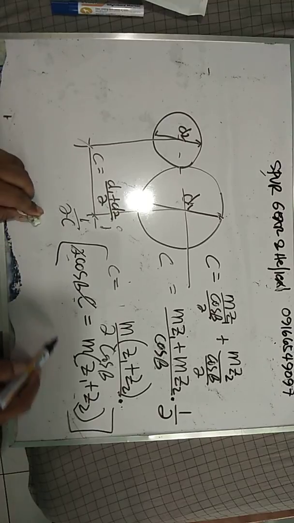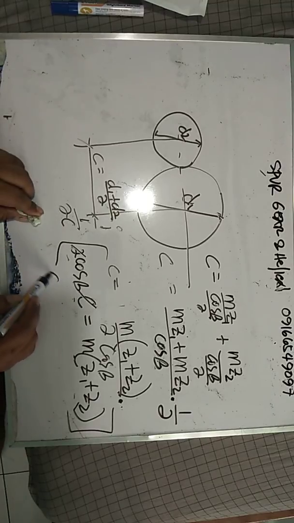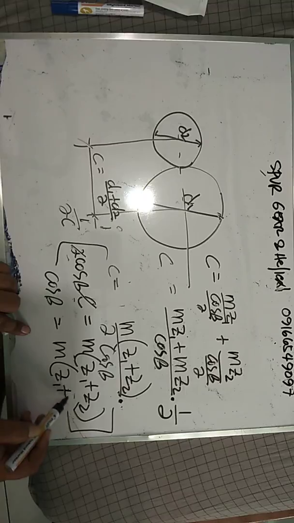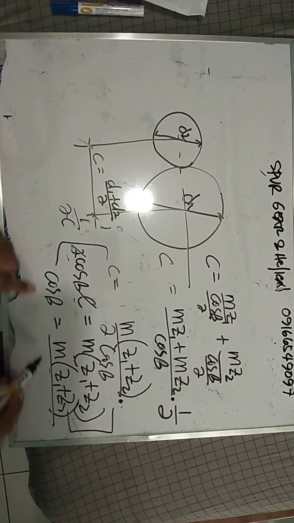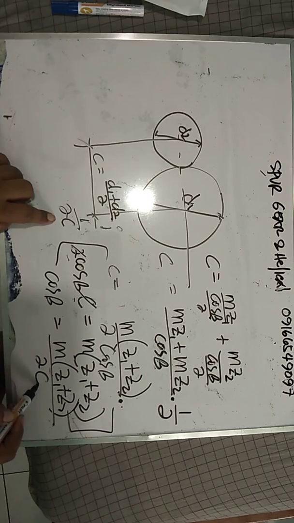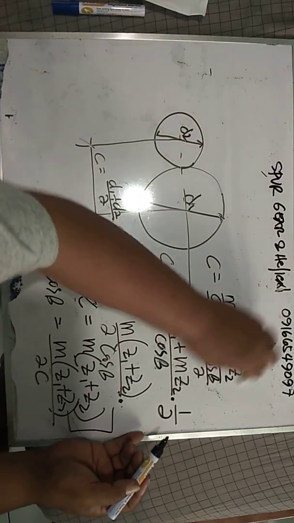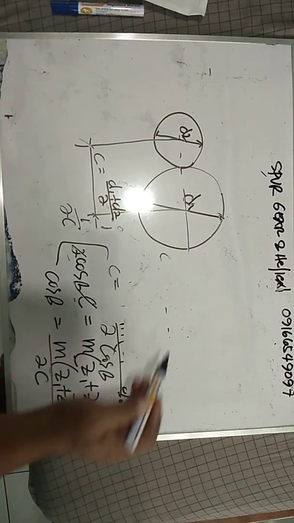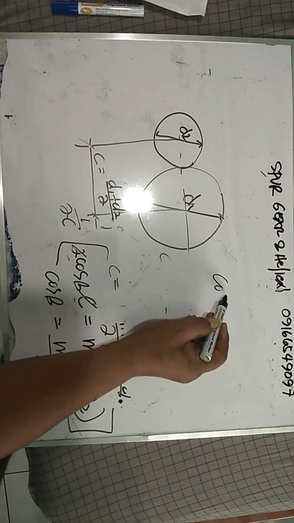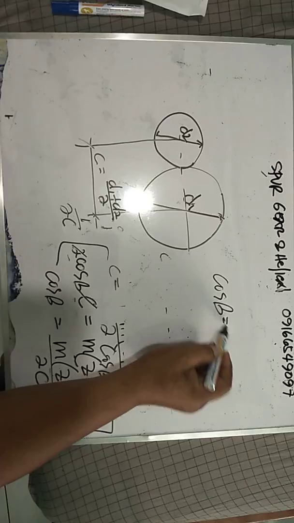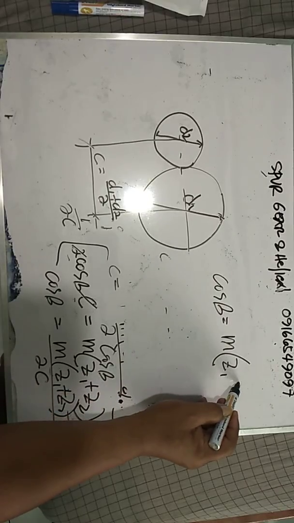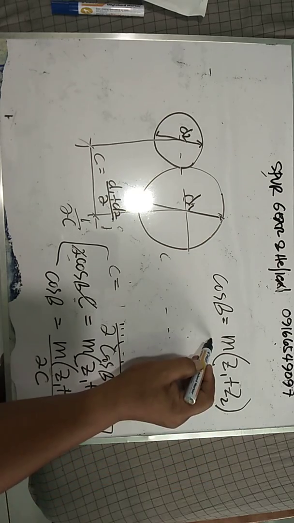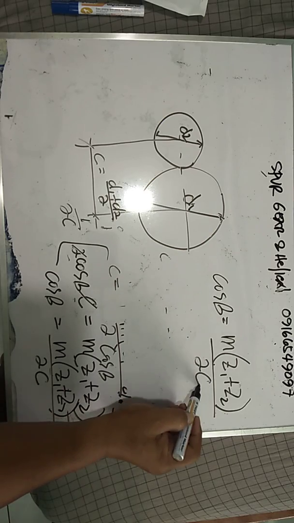This becomes cosine beta equals m times Z1 plus Z2 over 2 times C. Now we know that cosine beta is equal to module times Z1 plus Z2 over 2 times the center distance.